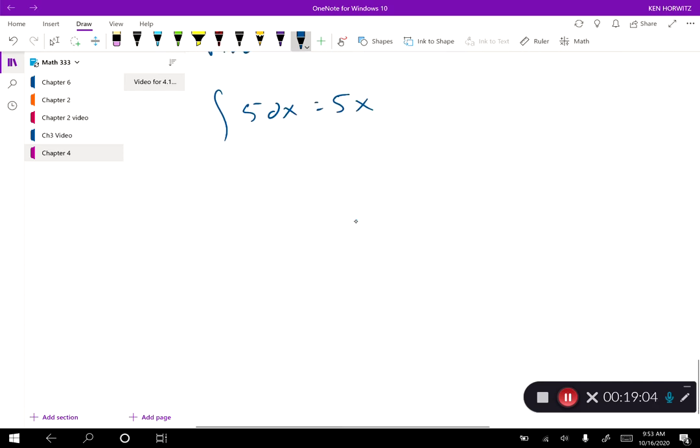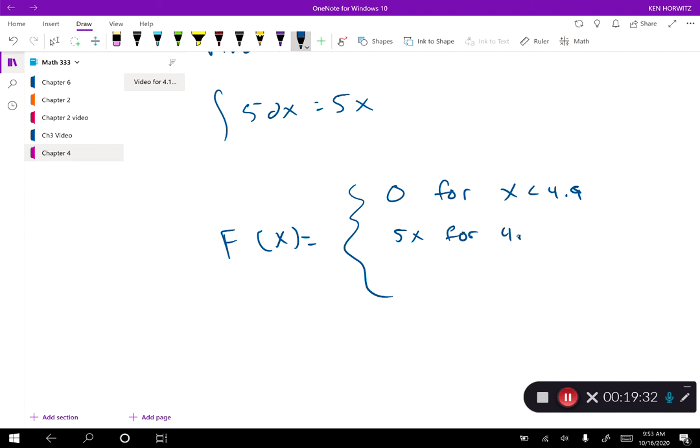So here's how I would write my final answer. My big F of x is going to be, and I'm terrible at writing those big squiggly brackets, so is 0 for x is less than 4.9, 5x for 4.9 less than or equal to x less than or equal to 5.1, and 0 for x is greater than 5.1.